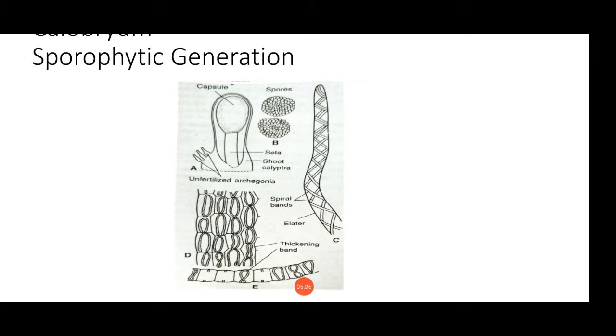The calyptra is smooth with the unfertilized archegonia, usually basal or nearly so.